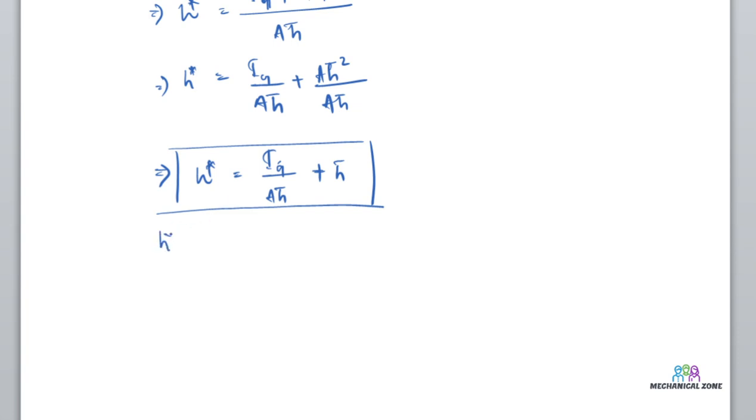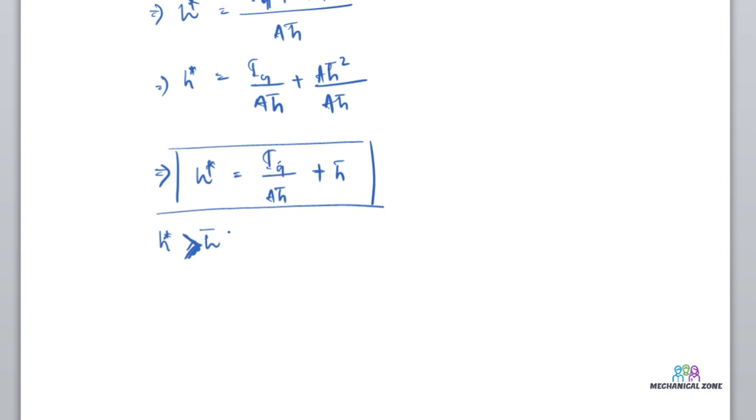That means h star is always greater than h bar, not equal to, which means the center of pressure lies below the center of gravity, and the distance of center of pressure is independent of the density of the liquid, and is completely dependent on the moment of inertia about the center of gravity of the surface, and the area of the whole surface.